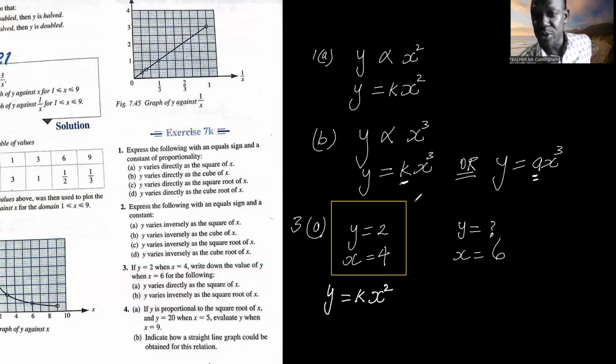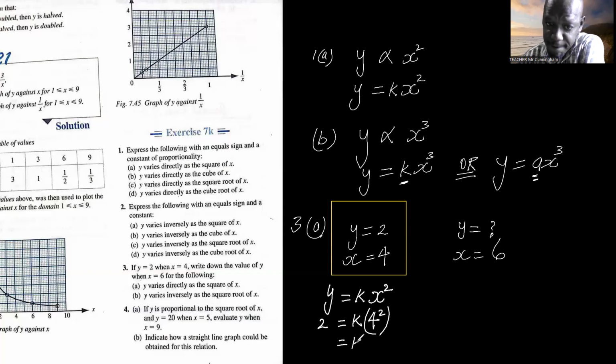So we have the square of x, and we want to find k. So when y is 2, remember x is 4 squared. So k is equal to 2 divided by 4 squared. What is 4 squared? 16, sir. Right.